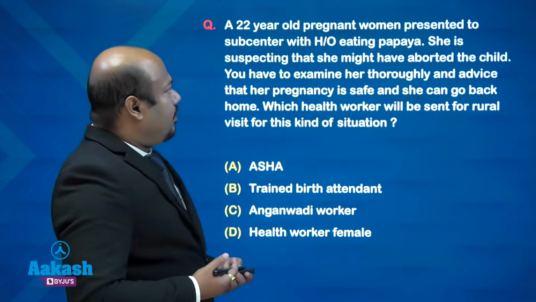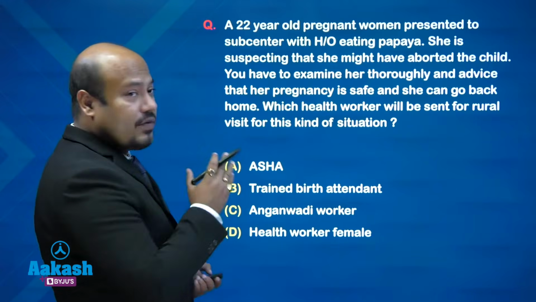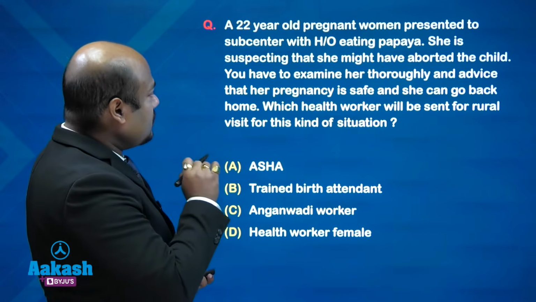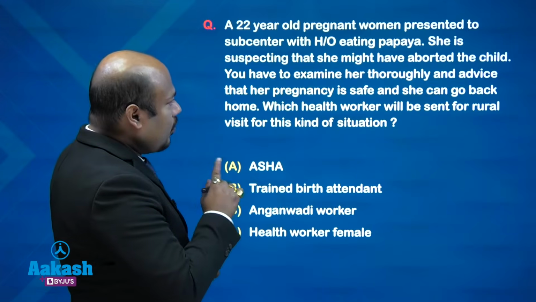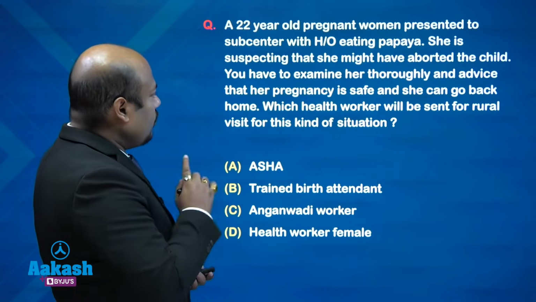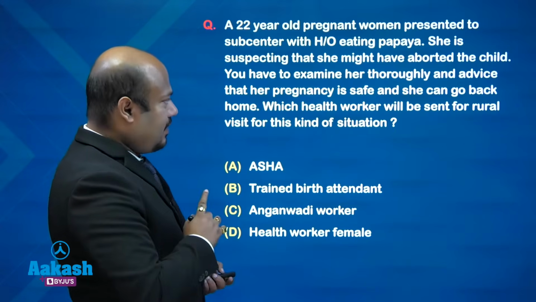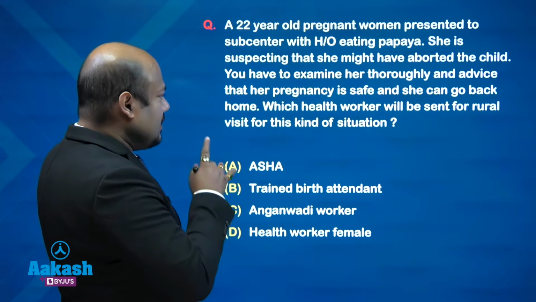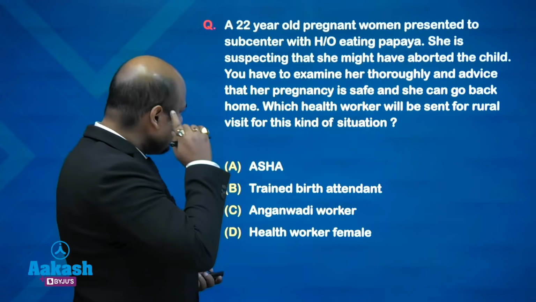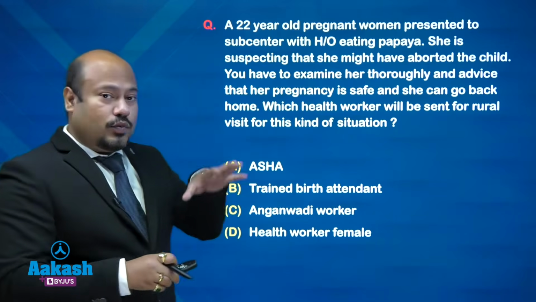A 22-year-old pregnant woman presented to the sub-center, the most peripheral division, with a history of eating papaya. She suspects that she might have aborted the child. You examine her thoroughly and advise her that her pregnancy is safe and she can go back home. Which health worker will be sent for a rural visit for this kind of situation? I have tried to take the best version of this question.